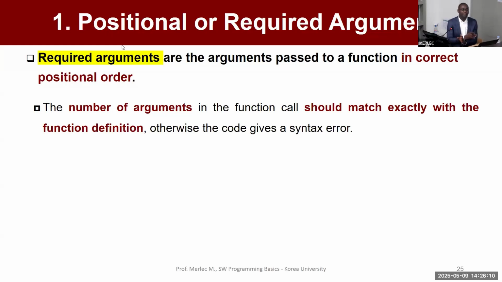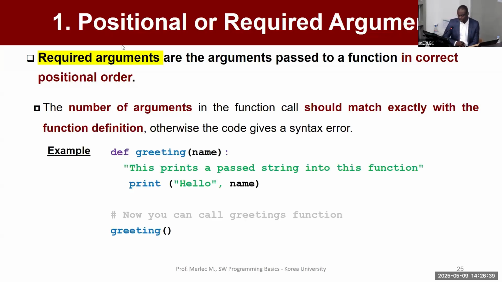If you shift them, or if the types are not compatible, it will not accept the values you are sending to the function. The number of arguments in a function which uses positional or required arguments should match exactly the number of arguments defined while declaring the function. Otherwise, the Python interpreter will raise errors.